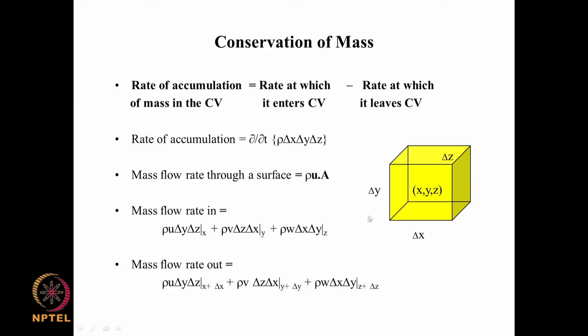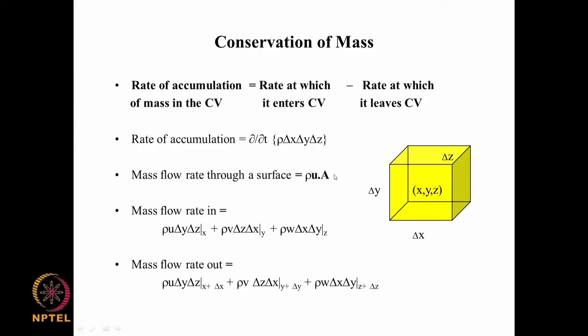So, now we have chosen these faces in a convenient way. If you consider this box here, it has a left face and a right face, a top face and a bottom face, a front face which is this one, and a back face, and these are oriented in the corresponding xyz coordinate system.